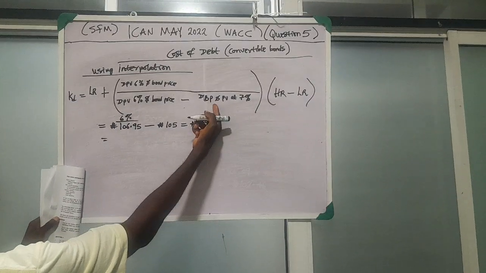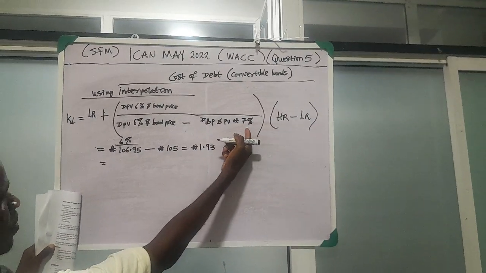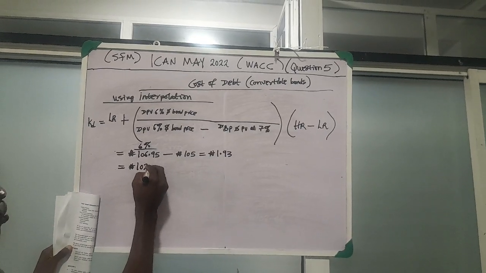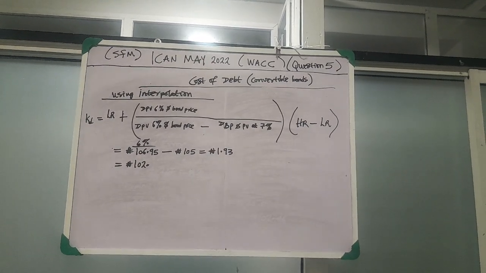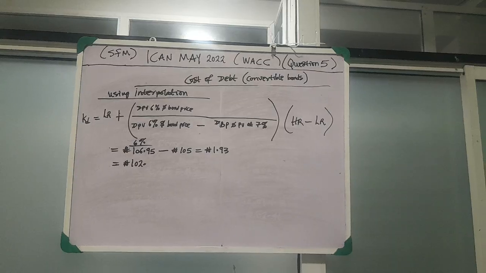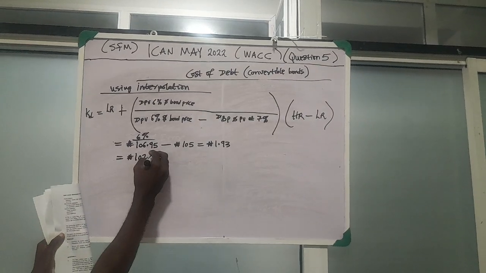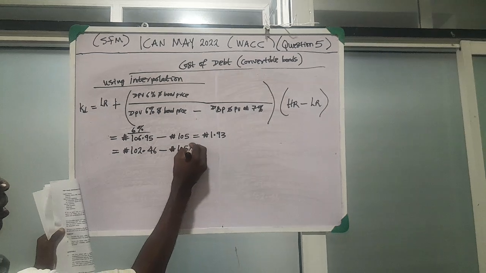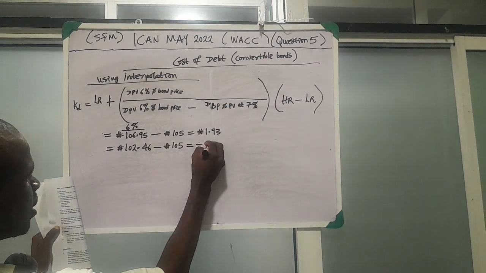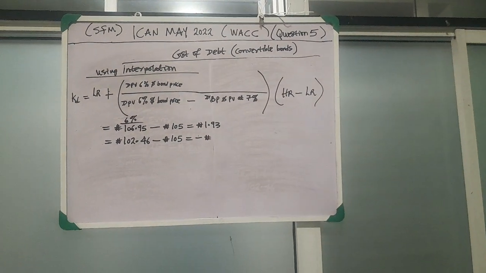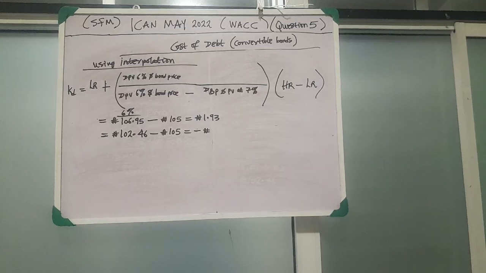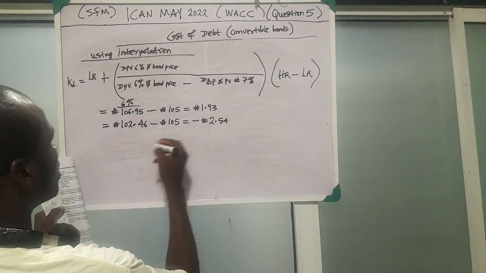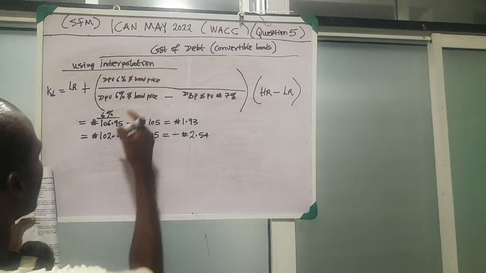Secondly, the difference between the bond price and the PV at 7%. This is 102.46 minus 105. This will give us a negative value, minus 2.54. Now these are the values we use here.